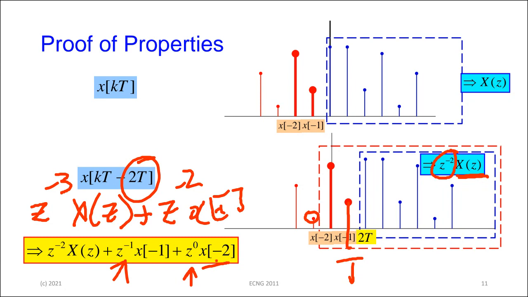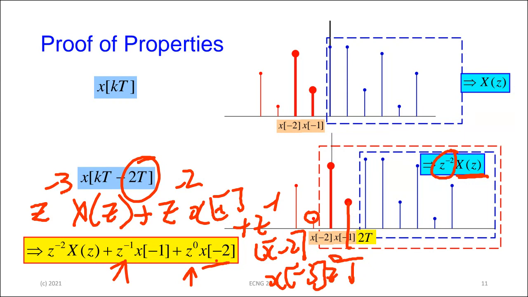This value would have been shifted down 1, so it would have been plus z to the minus 1, x of minus 2. And then x of minus 3 now comes in, x of minus 3 z to the power 0. Right, so every time we shift, we have to bring in another value, and the other ones get delayed down.